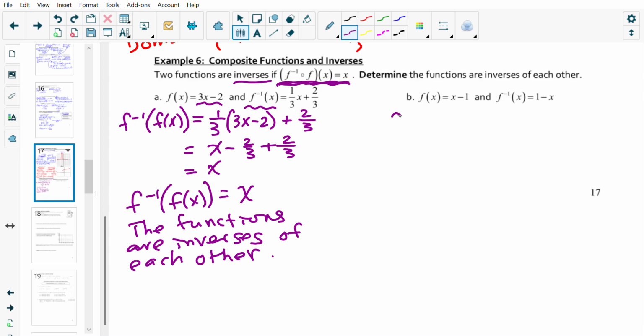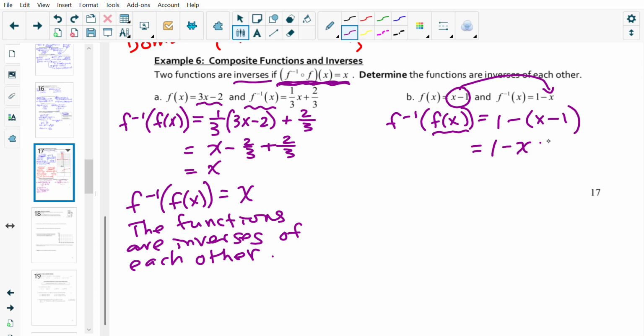Okay, letter B. Let's do the same thing here. Let's try inverse of f of x equals, so we take f of x and we plug it into the x value for the inverse. So 1 minus x minus 1. And what do we get? 1 minus x plus 1.